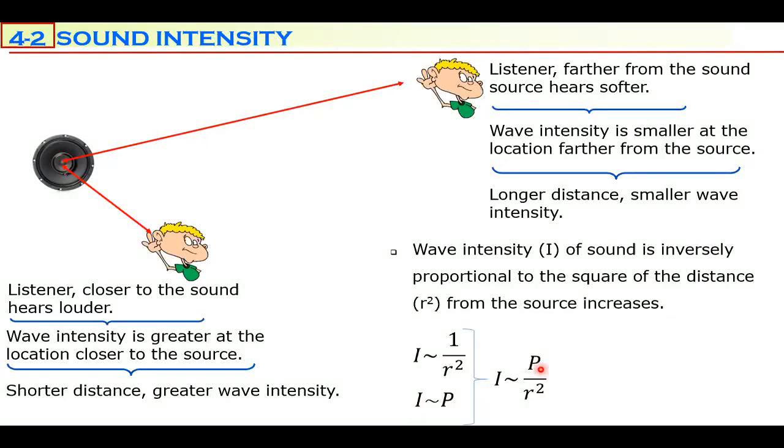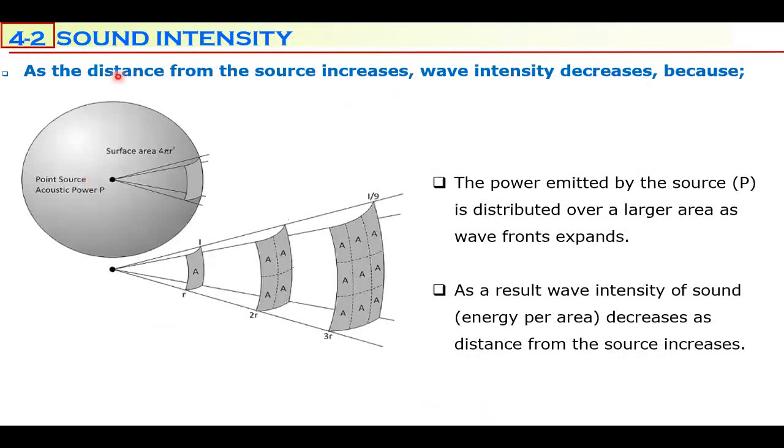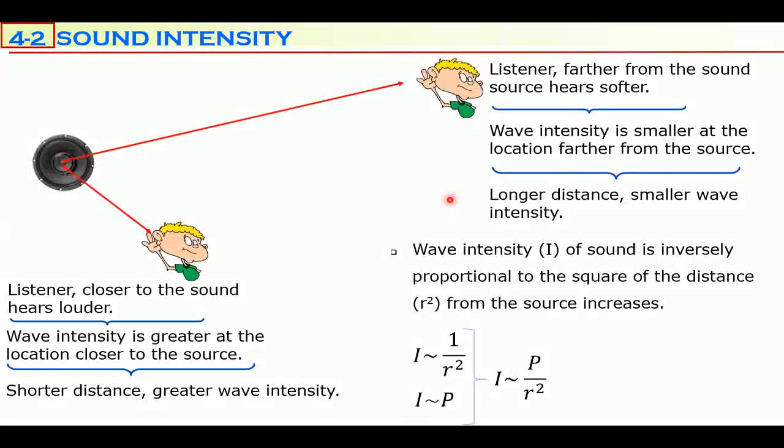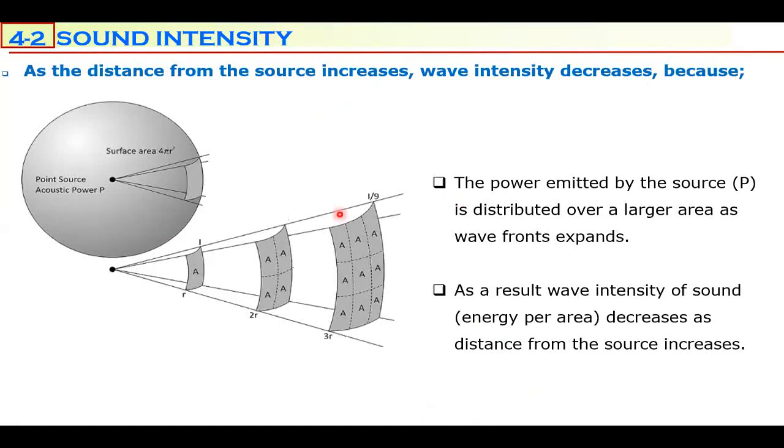And if we add a constant here, we can write an equation. As distance from the sound source increases, wave intensity decreases. Now we will talk about the reason in terms of physics. This was in terms of our daily experiences, but this is about the physics. Why does wave intensity decrease as distance from the source increases? Because the power emitted by the source, P, starts to distribute over a larger area as it expands.